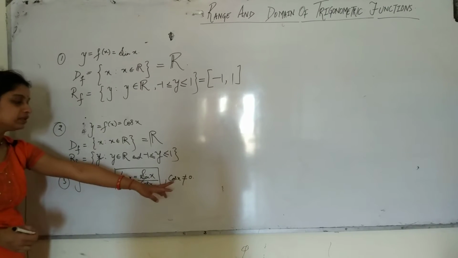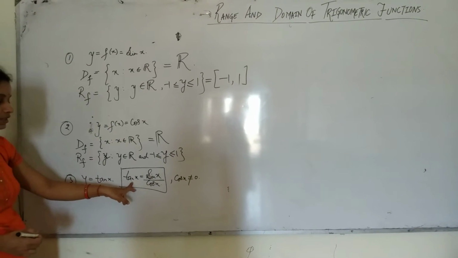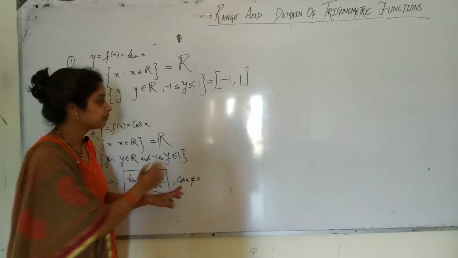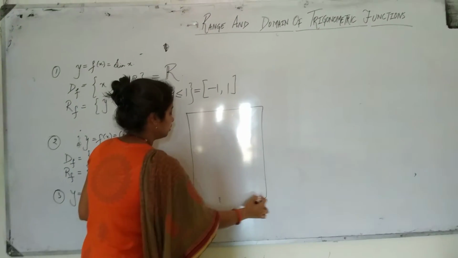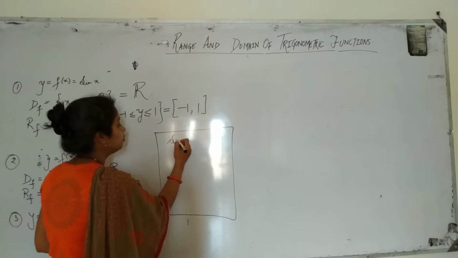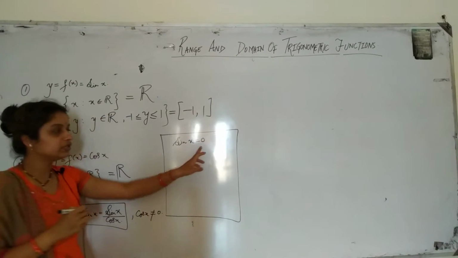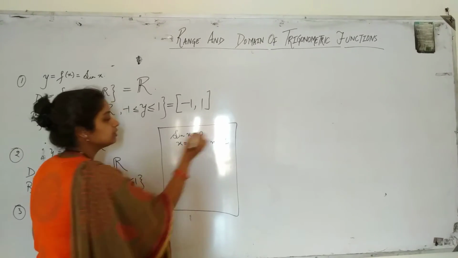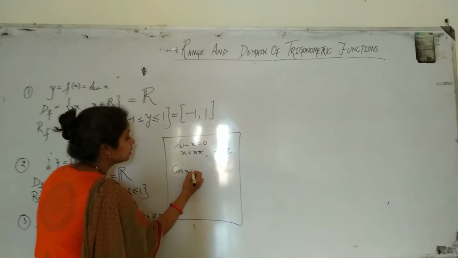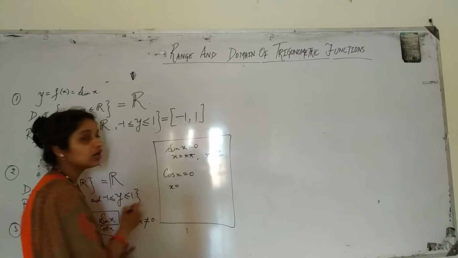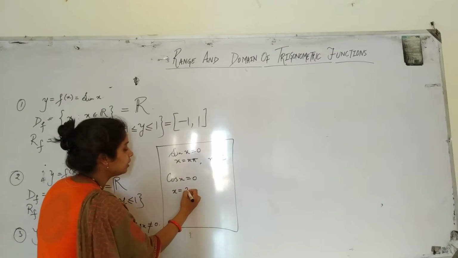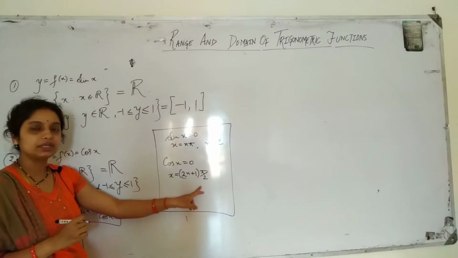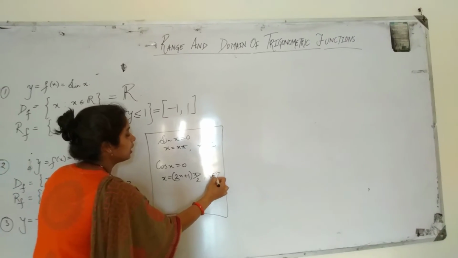So cos x must never be 0 if I want to write tan x as a ratio of sine and cos. One thing I have explained previously: sin x is 0 when x is n pi, where n is an integer, and cos x is 0 when x is an odd multiple of pi by 2, that means (2n+1) pi by 2, where n is an integer.